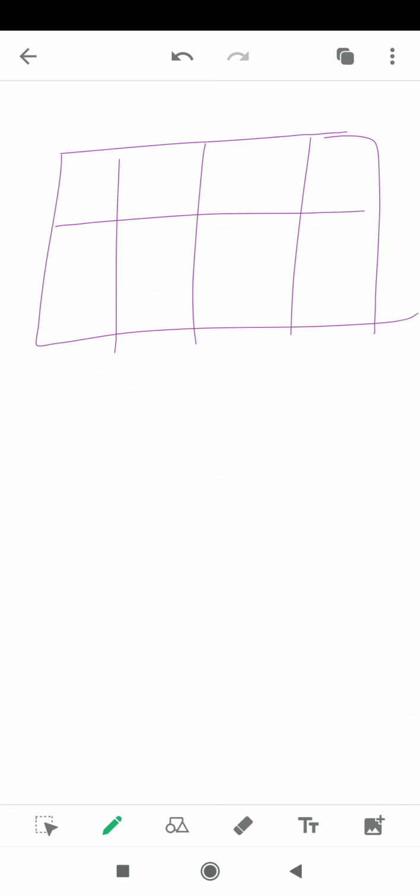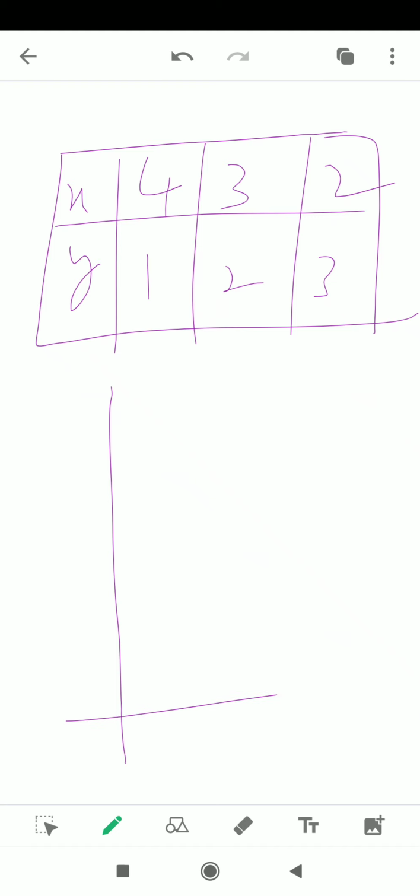If I assume y as 1, 2, 3, we will get the same thing, 4, 3, 2. So that means if I draw the graph, we will get a line like this.